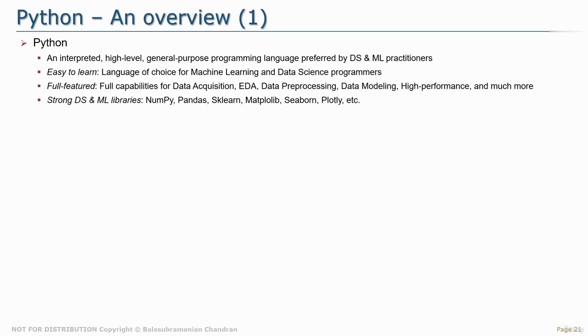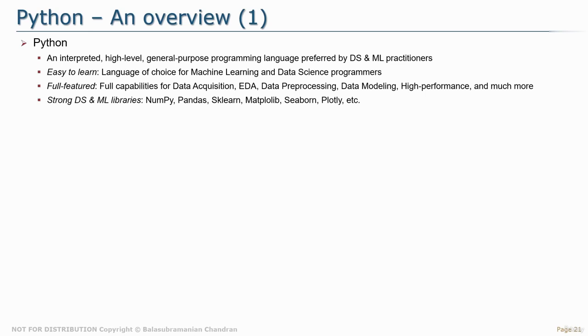What is Python? Python is an interpreted, high-level, general-purpose language preferred by data science and machine learning practitioners. It's an interpreter where the source code is executed line by line, unlike compilers. It's easy to learn and the language of choice for machine learning and data science programmers.